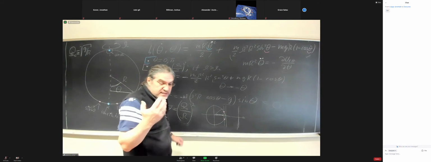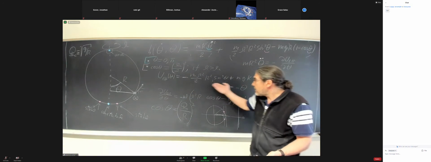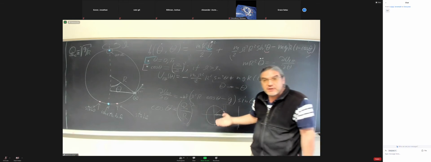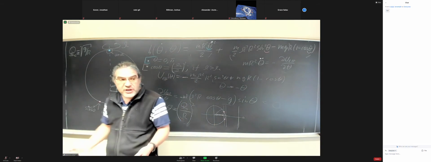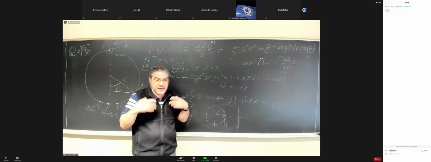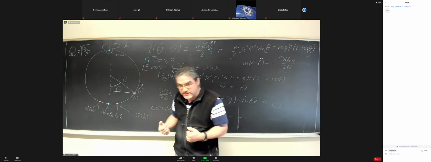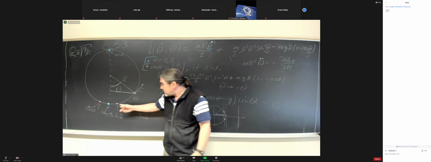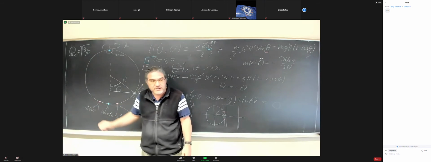So that's exactly what I'm trying to illustrate. You see that my theory, my Lagrangian, my potential energy is symmetric when I change theta to minus theta. I have a symmetry in the problem. But the state which I observe, the bead is either on one side or another.